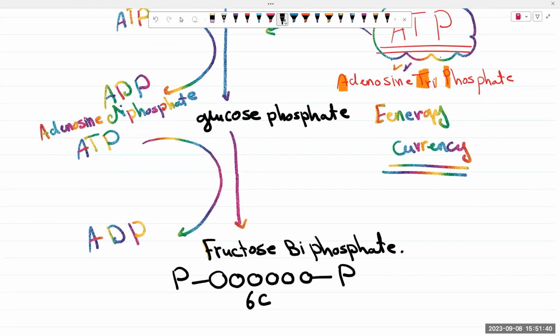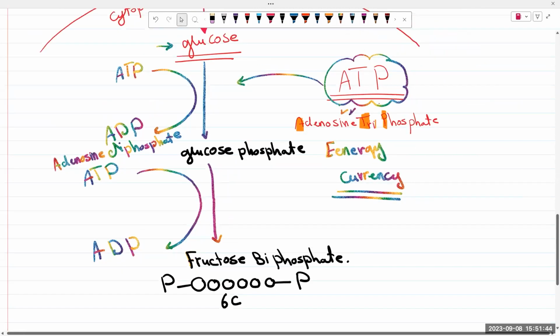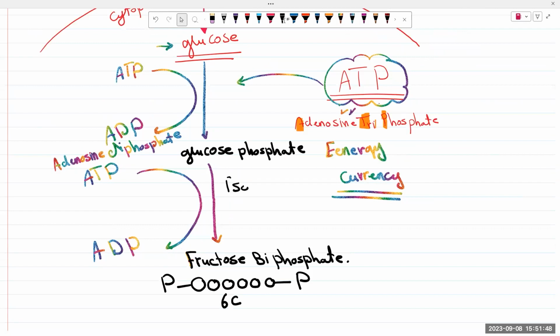So in this part there is activation of the glucose molecule and isomerization. An enzyme called isomerase will change the glucose into fructose. So this is the activation of the glucose molecule.